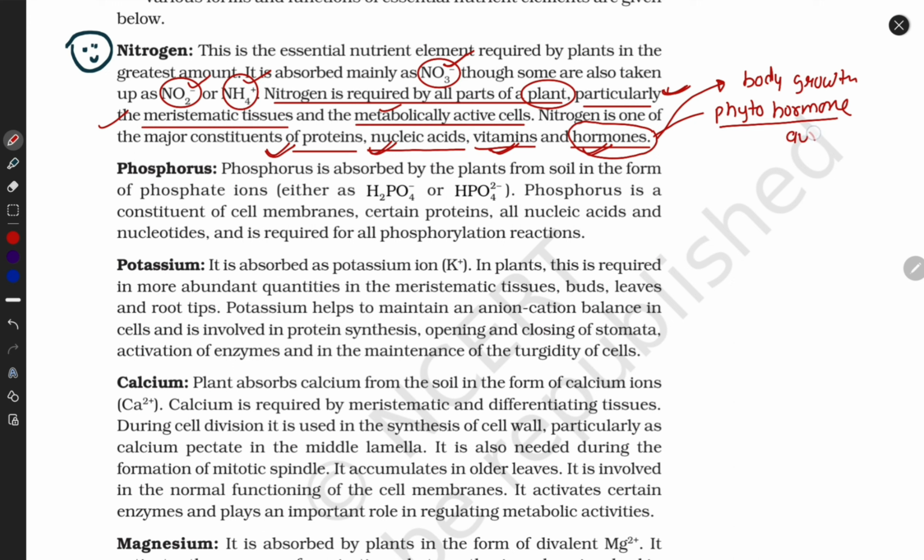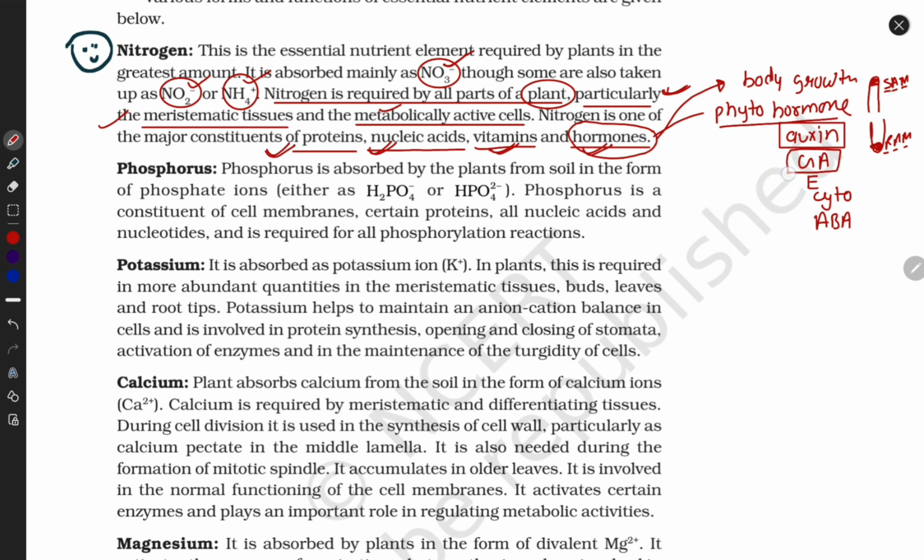We know now, guys, auxin, gibberellic acid, ethylene, cytokinin and abscisic acid. Auxin is responsible for shoot and root elongation. It is present at the shoot tip and at the root tip. We call these the SAM, shoot apical meristem, and the RAM, root apical meristem.